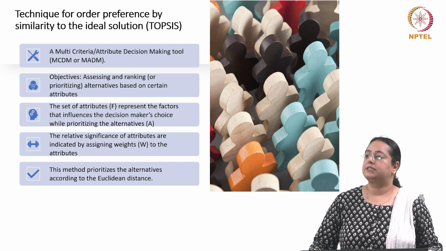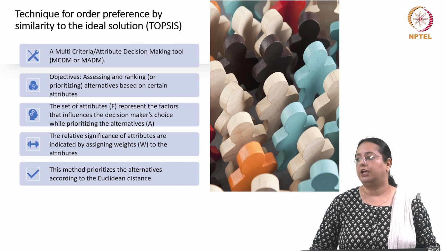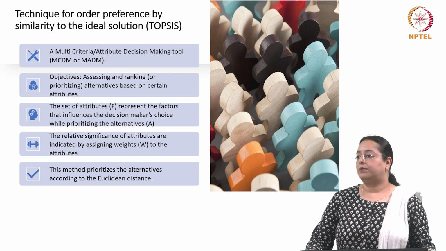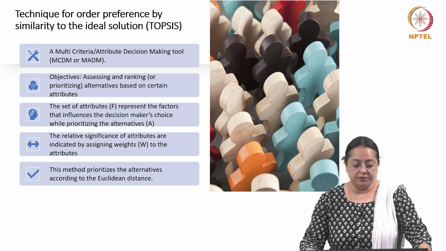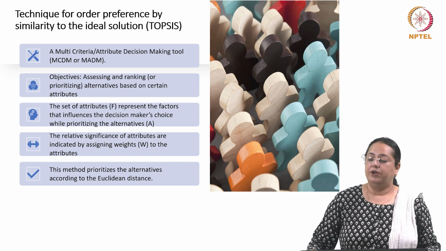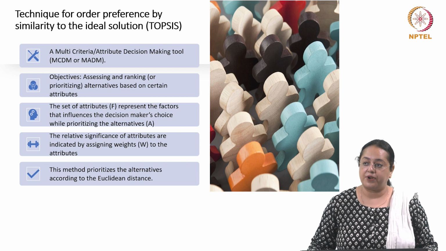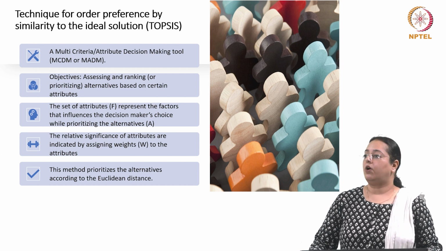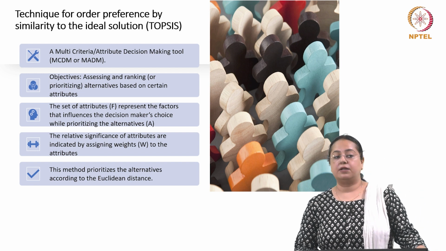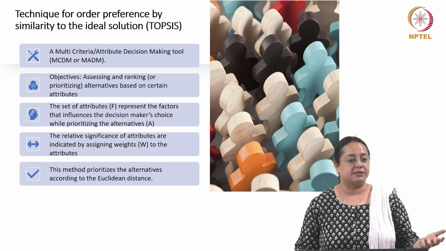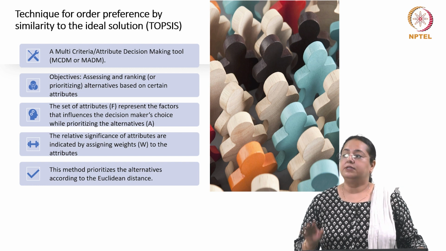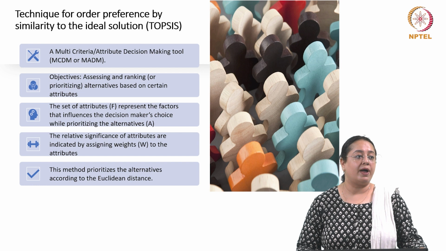As I've said, this is a multi-criteria decision making tool, which fits very well in the problem domain of supplier selection. The objective is to assess and rank various alternatives, and in our context, these alternatives are nothing but suppliers, based on certain attributes.